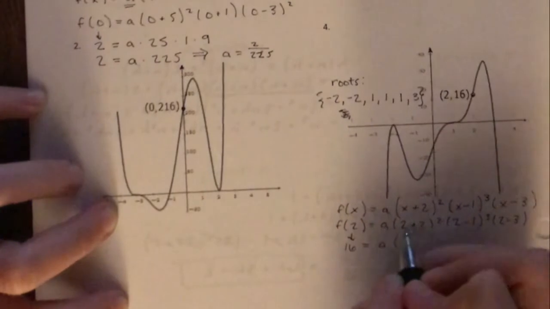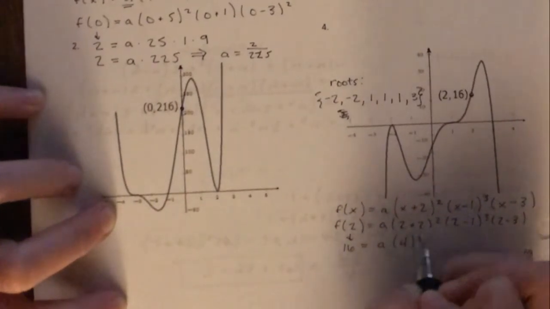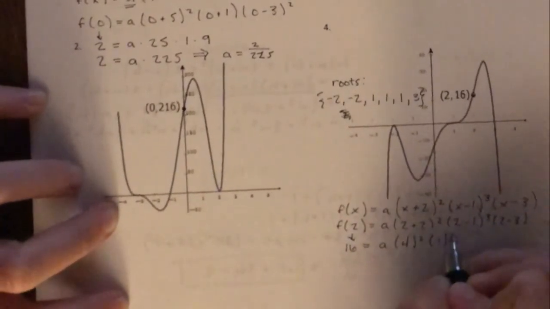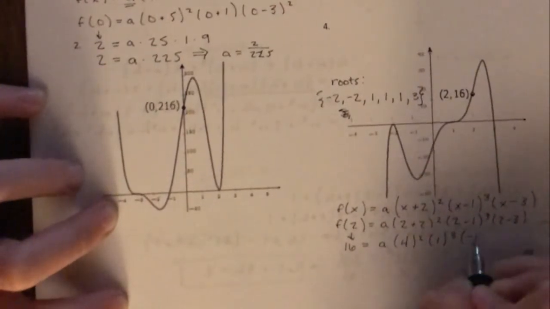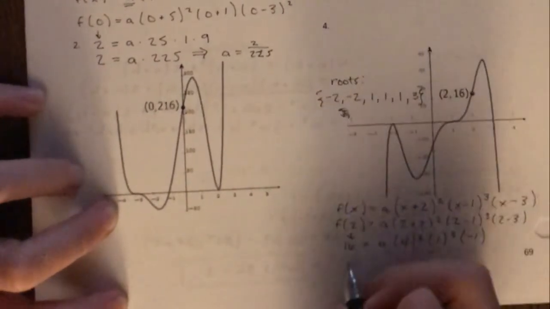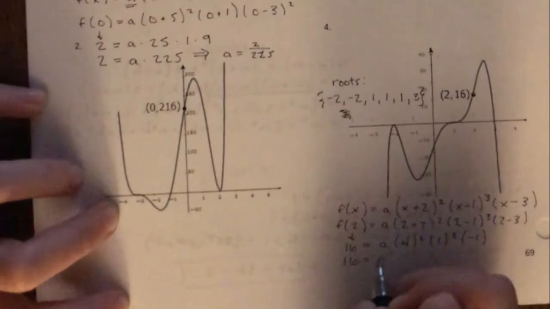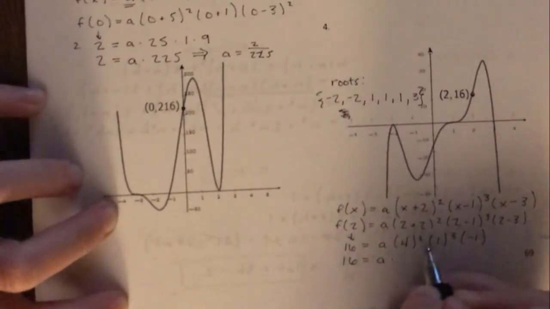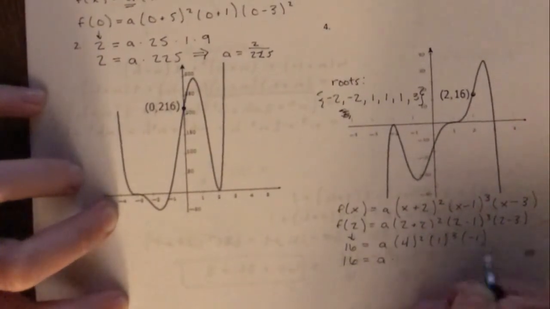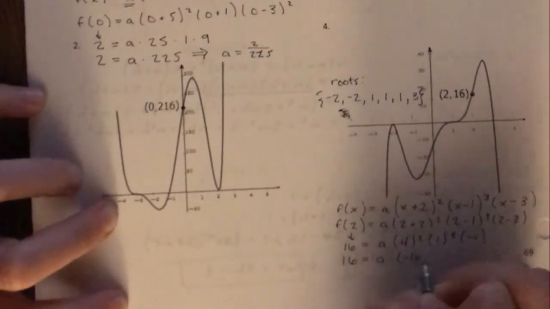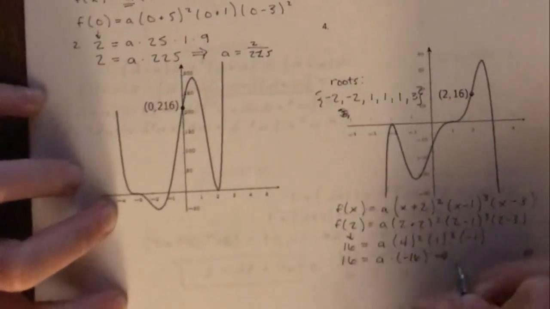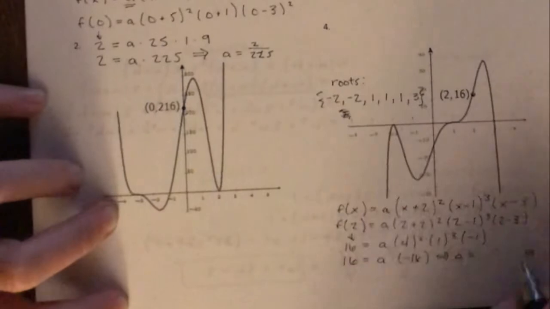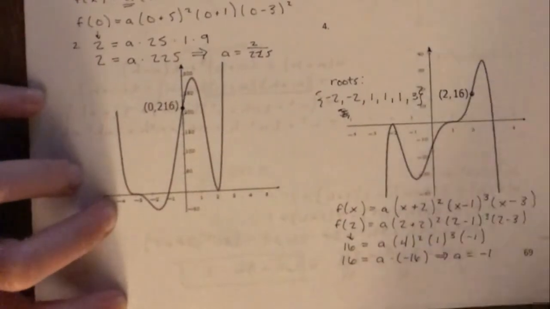So we have a times 2 plus 2 is 4. 2 minus 1 is 1. 2 minus 3 is -1. So 16 equals a times 16 times 1 times -1. So a here is 16 divided by -16, or -1.